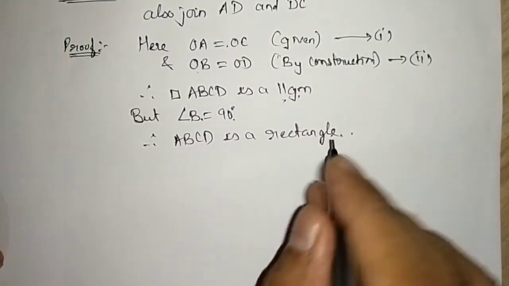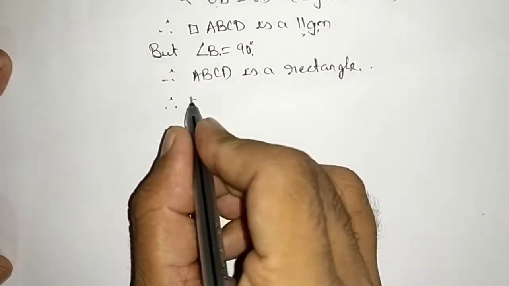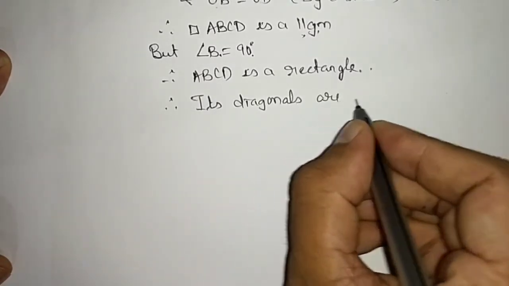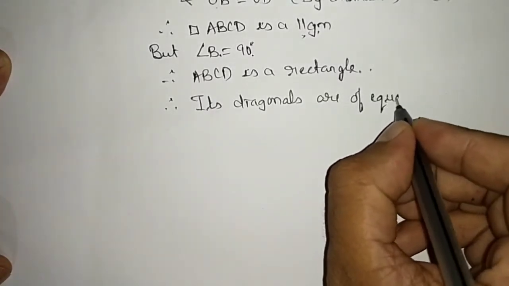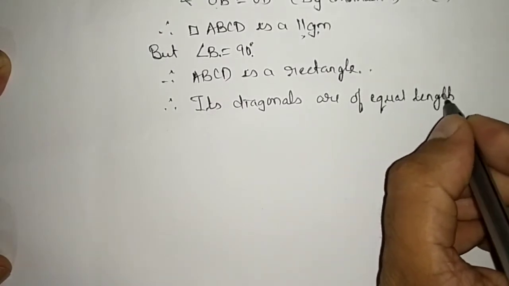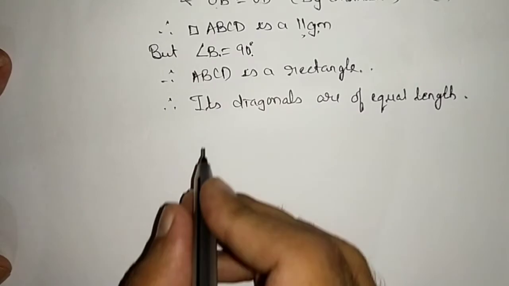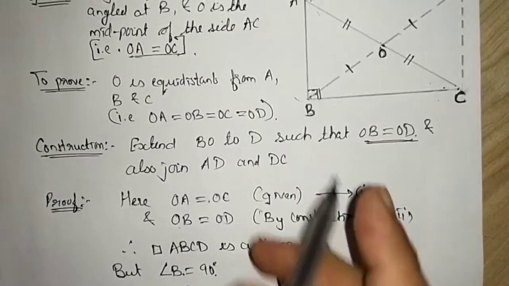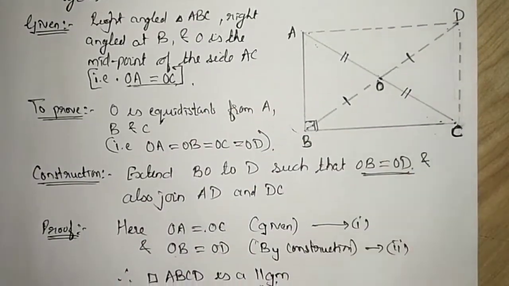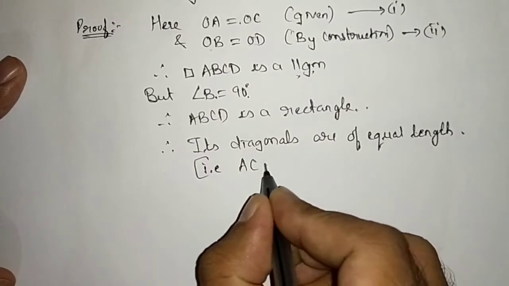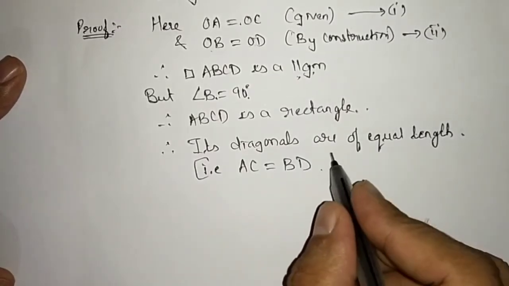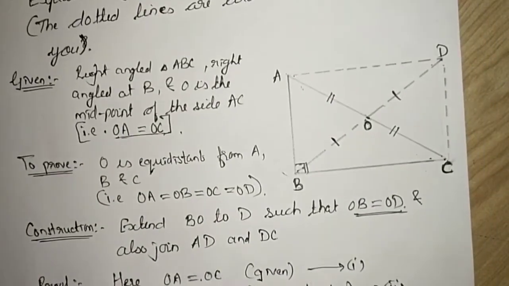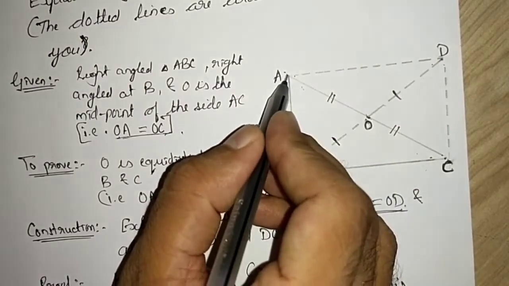And since it is a rectangle, we can say therefore its diagonals are of equal length, because it is one of the properties of a rectangle, that diagonals are of equal length, that is AC is equal to BD. Now AC is formed of OA and OC.